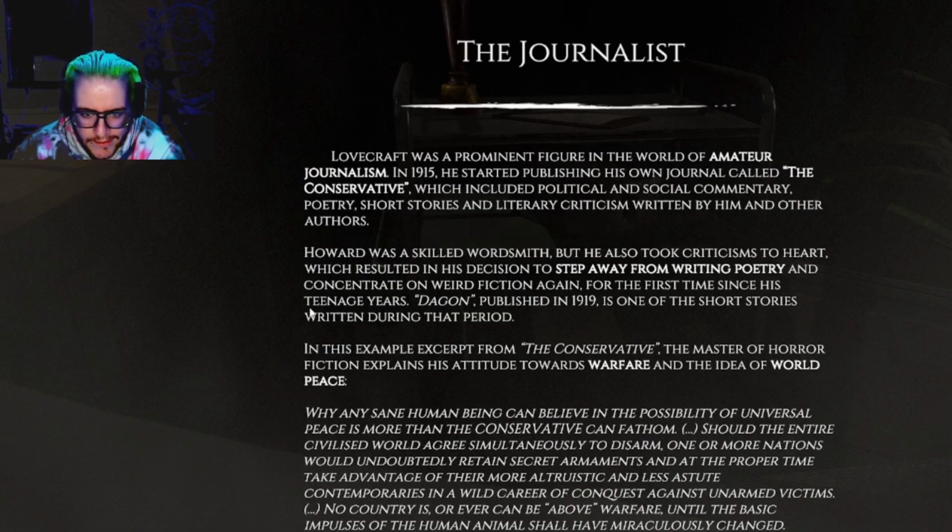But here's what he wrote about warfare and world peace. Why any sane human being can believe in the possibility of universal peace is more than the conservative can fathom. Should the entire civilized world agree simultaneously to disarm, one or more nations would undoubtedly retain secret armaments, and at the proper time take advantage of their more altruistic and less astute contemporaries in a wild career of conquest against unarmed victims.